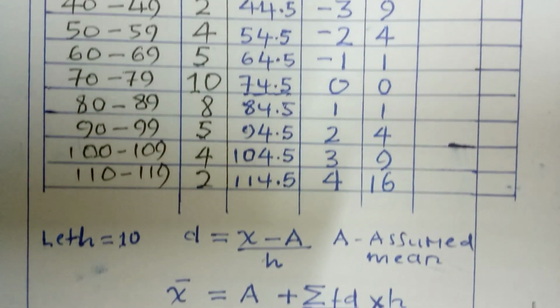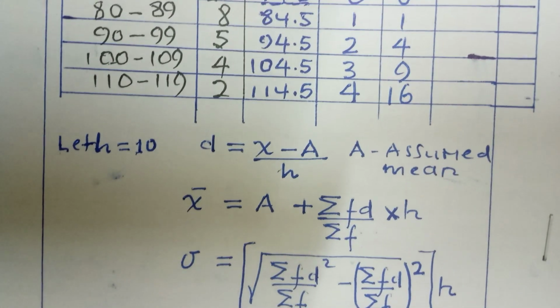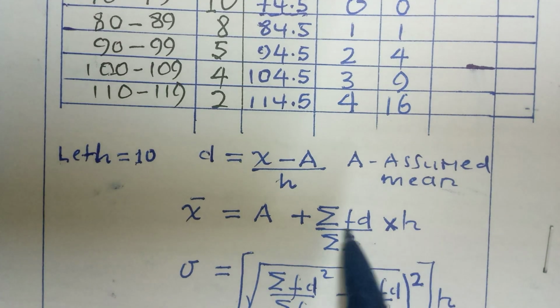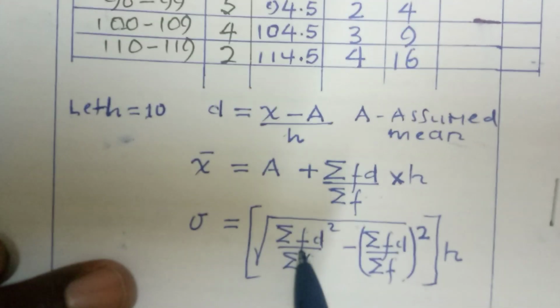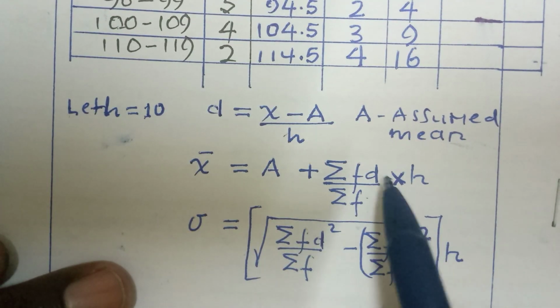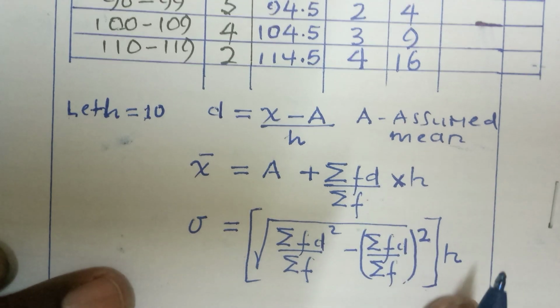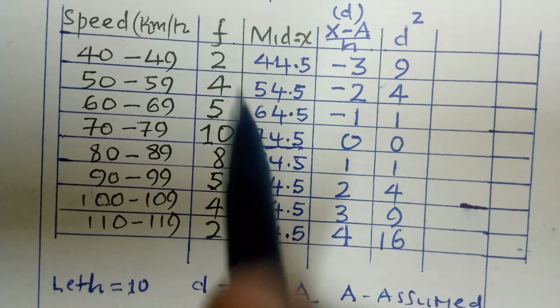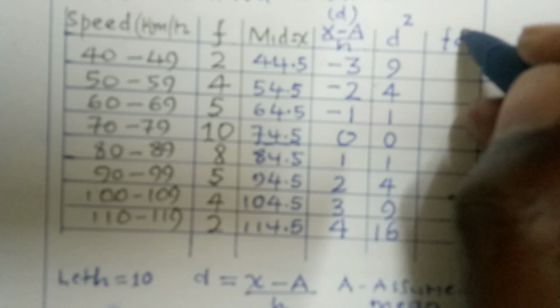After you've gotten that, guys, we still check our formulas. As you can see, first of all, we have f multiplied by d, and then we also have f multiplied by d squared. So we can have f multiplied by d first. So we have f, you multiply by d, like that.